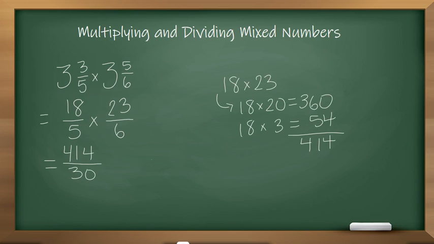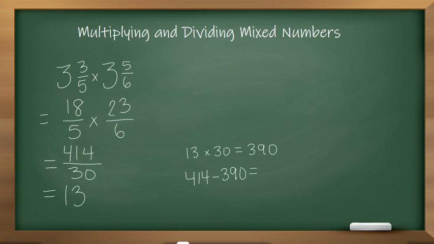So if I think about that in my head, 13 times 3 is 39, so 13 times 30 would be 390. And I can't add another 30 to fit into 414, so 30 will fit into 414 13 times evenly.